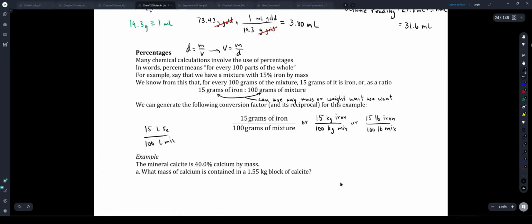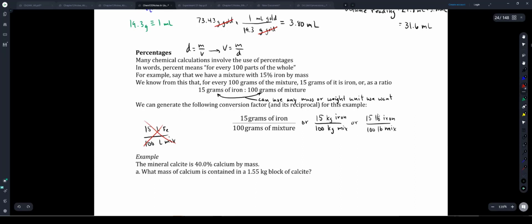Why is that not allowed? Because liters is for volume. Excellent. Yes, liters is volume, and we're dealing with mass.